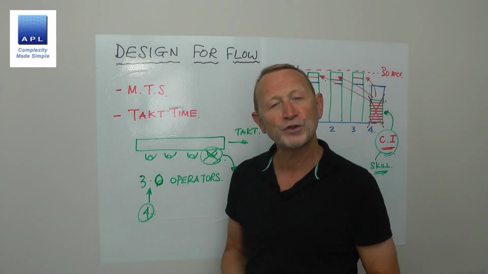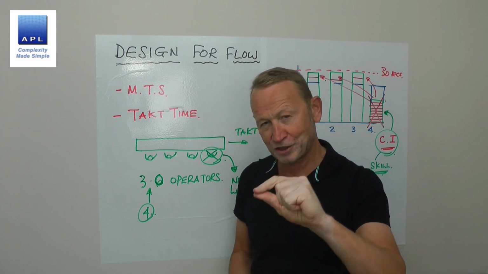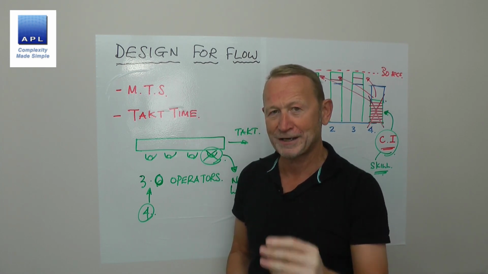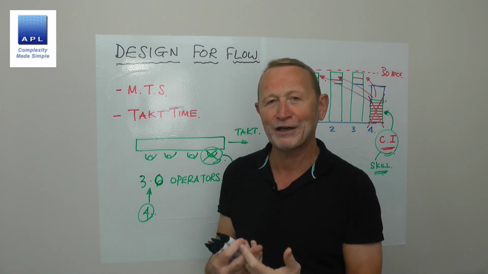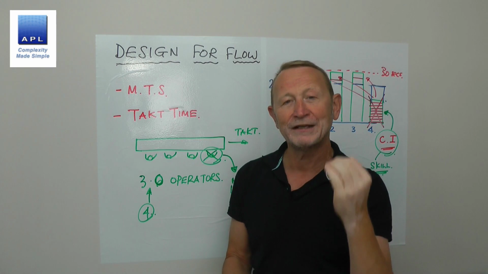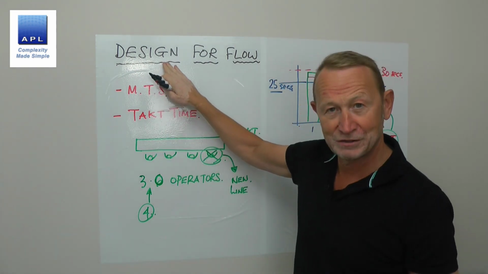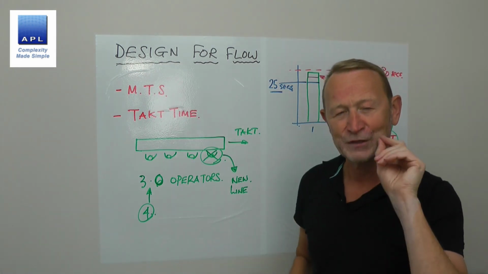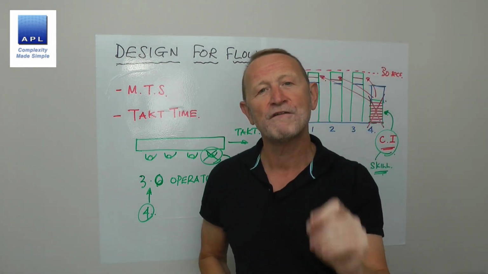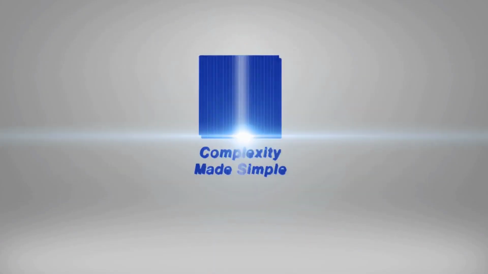We put all the spare time in one activity, then engineer that last little fraction away, and now we really are driving our continuous improvement in a really efficient way. That is how to line balance when you are designing for flow.